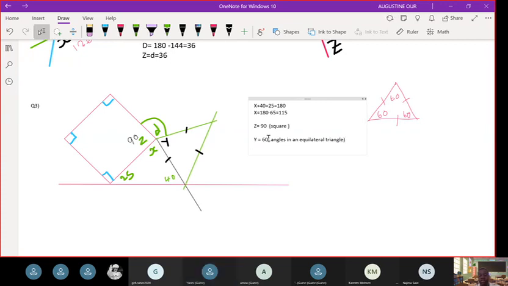Are we together? Okay, so how can we find D? Is D mirroring X, reflecting? No, it is not reflecting, because this is not a straight line. Z plus X is 115. It is not reflecting, okay?